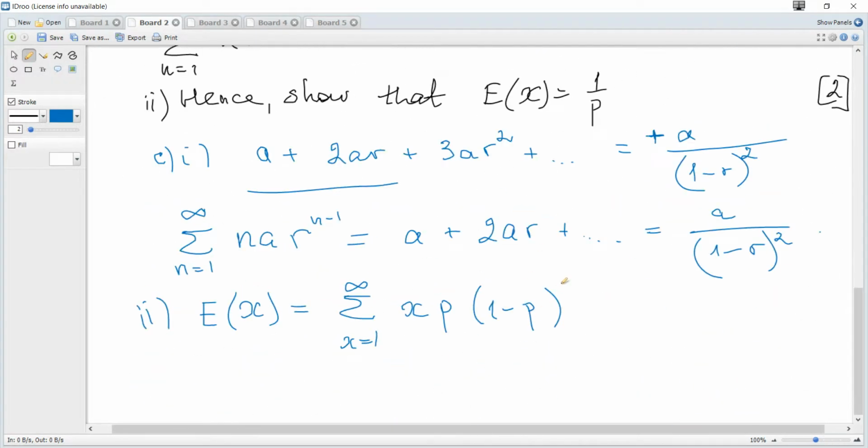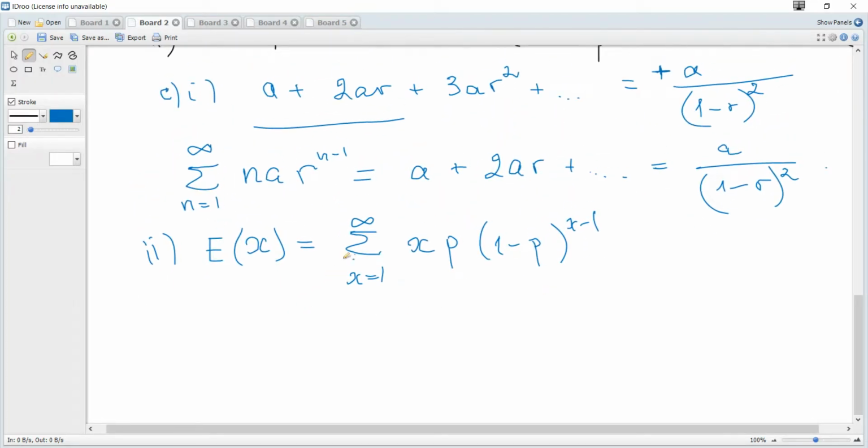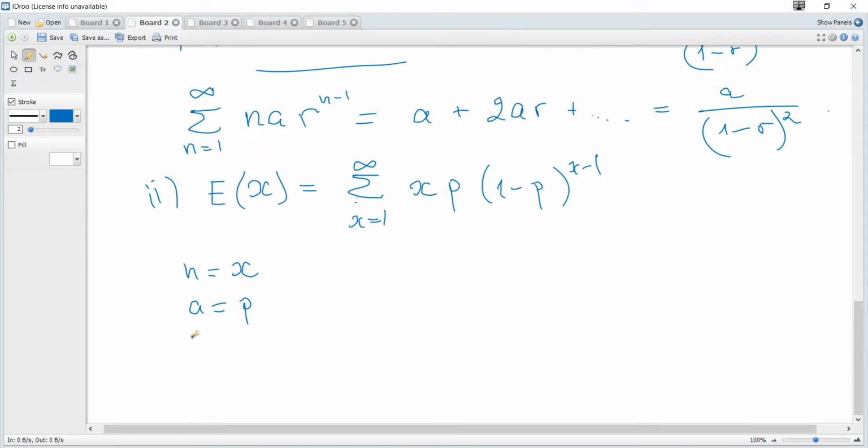X minus 1. And you can see that this sum coincides with this sum when what? You can see that summation is with respect to what? Xn. So you can see when n is x and a is p and r is 1 minus p, you can see that they coincide.